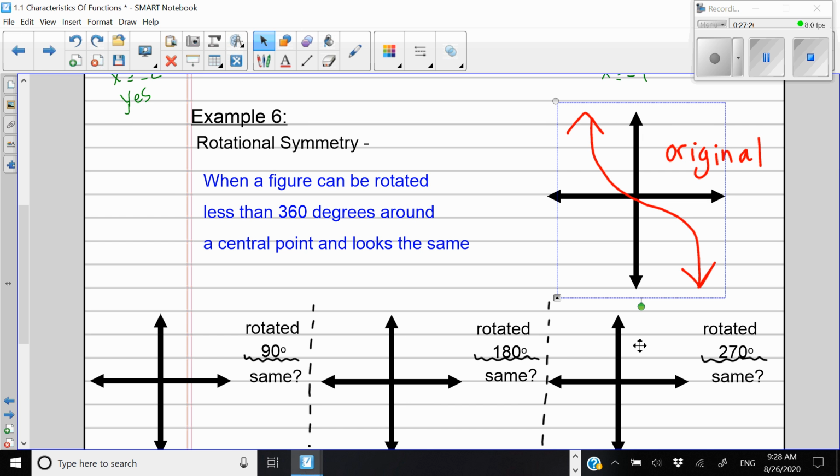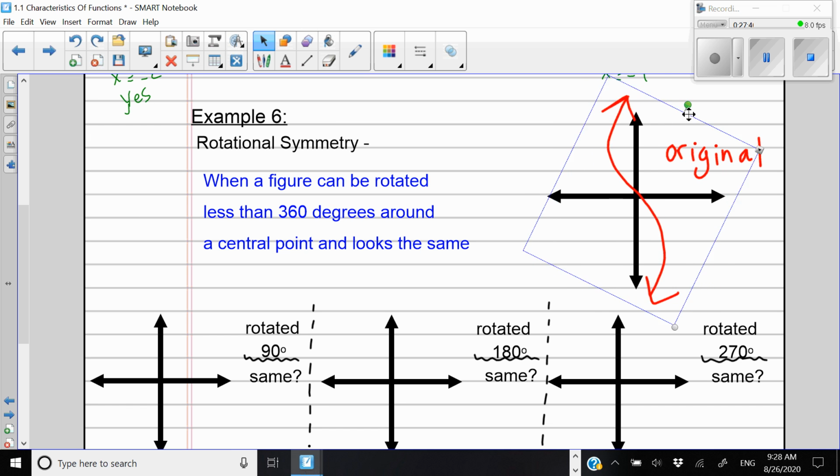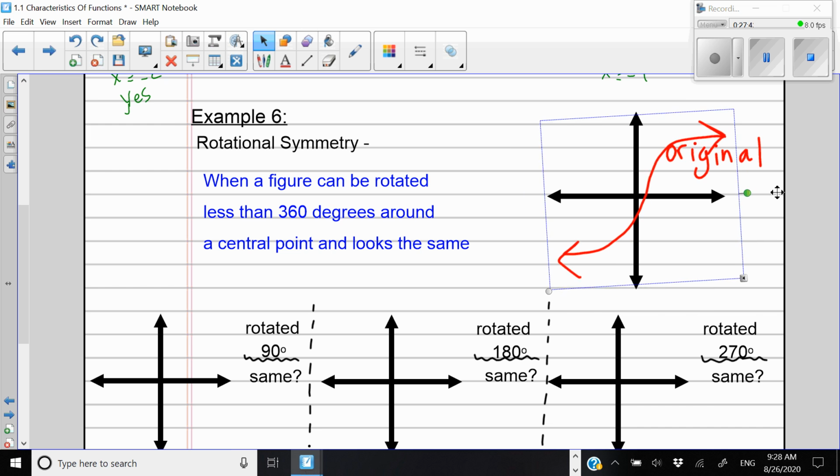But what if I turn this 90 degrees? From here, I'm going to rotate it 90 degrees, and it's going to look like this. So it's not going to be exactly the same thing that it was before.